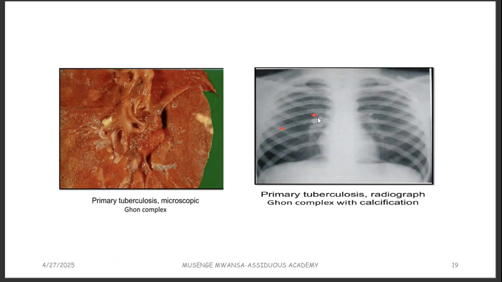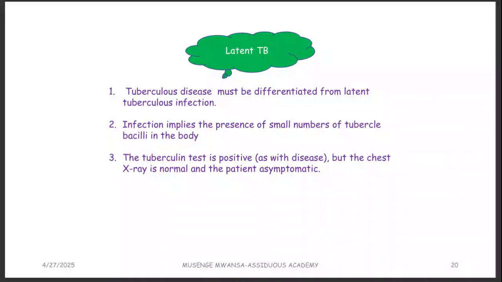So you can see on chest X-ray, there is the involvement of the hilar lymph nodes. You can see here where there is a red dot there, and then there's also going to be a granuloma. There's another dot here that you can see in red. So those two features show that someone has got this primary TB.